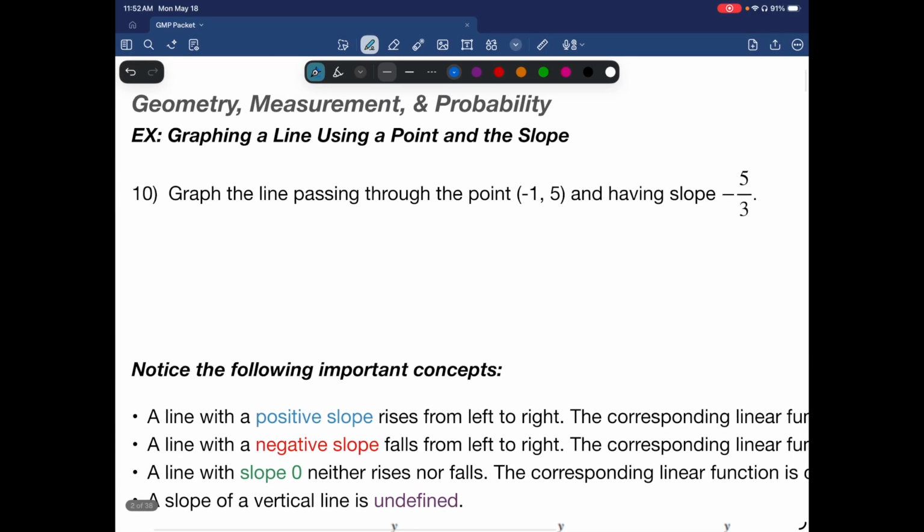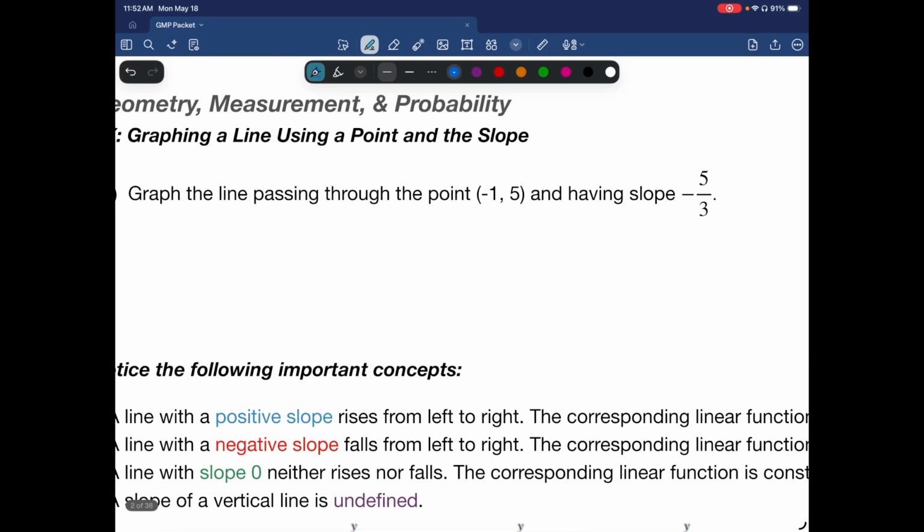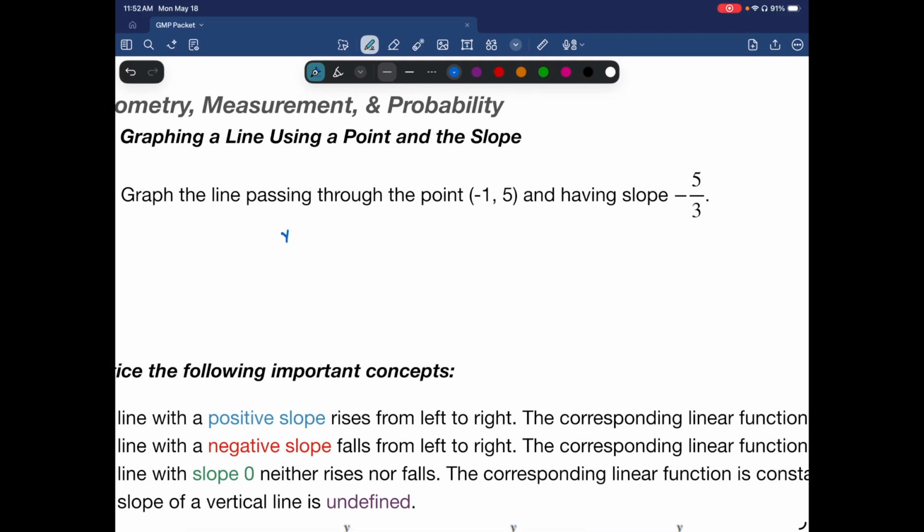So on number 10, the graph of the line passing through the point negative 1, 5 and having the slope negative 5 thirds. So you can go ahead and do that from the jump, or you can find your equation of the line. And if we do that, we could use point slope formula. Remember, my point slope formula is y minus y1 equals m times x minus x1. And I pulled that from the table above.